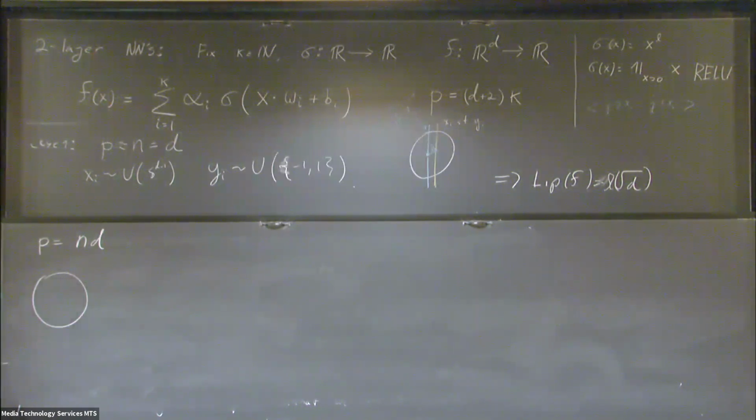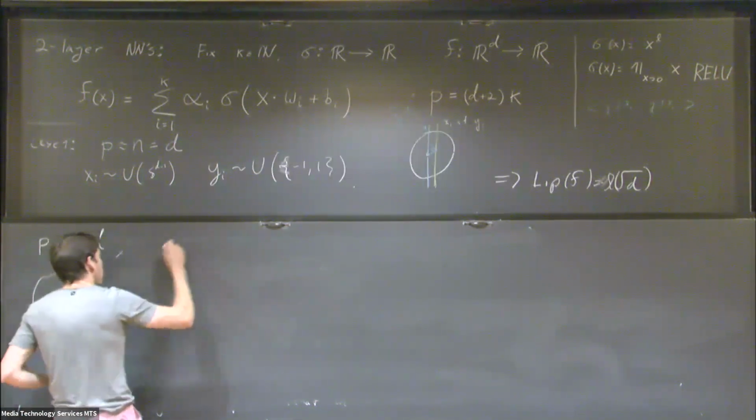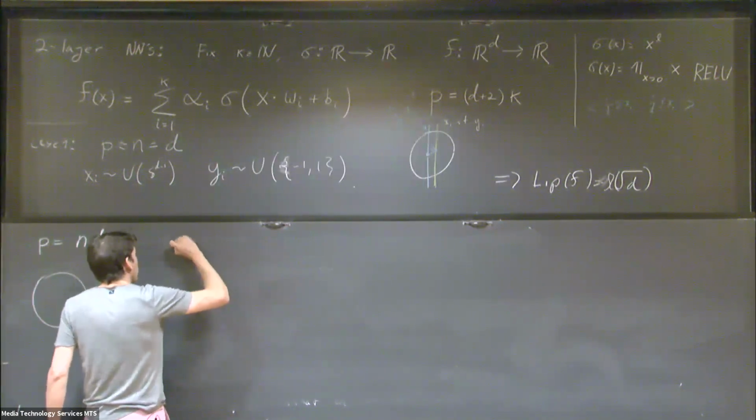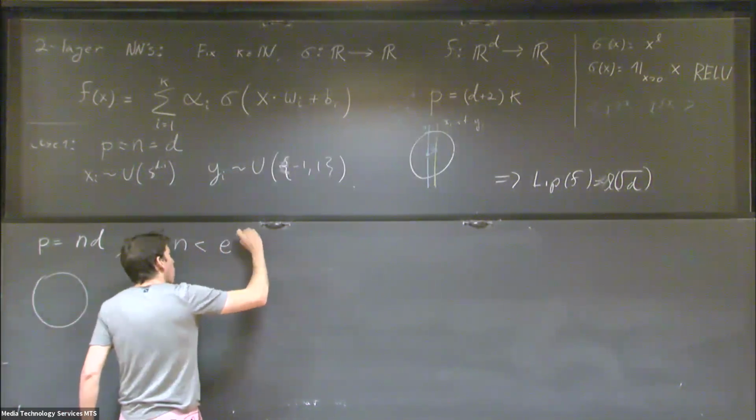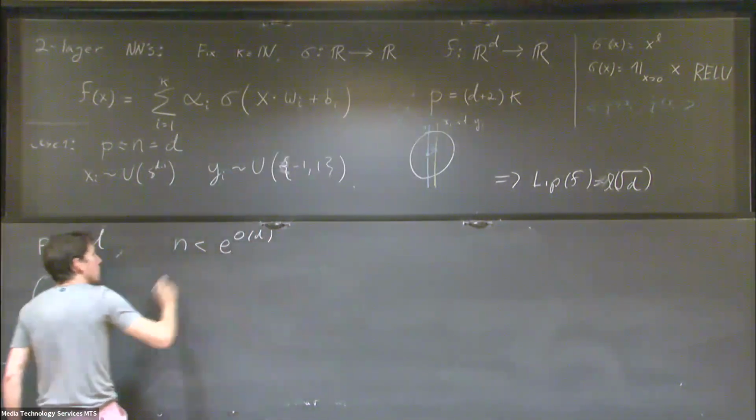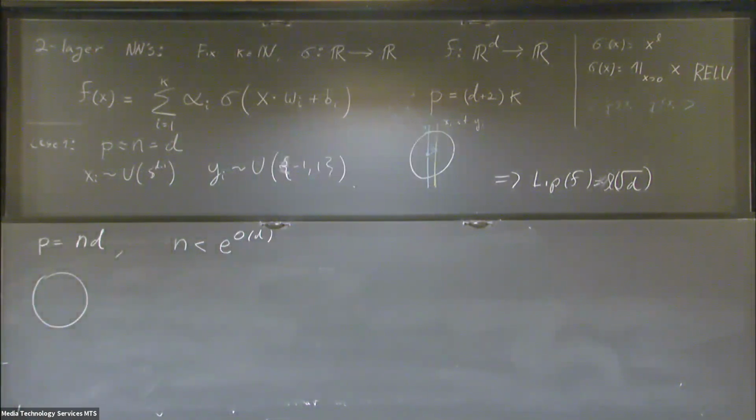Labels are plus minus 1. Now I can fit every point with one neuron. I'll also suppose that I don't have too many points, so suppose that n is at most something like e to the O of d. Then a nice thing in high dimensions is that for every point here, with high probability, all of the other points are outside a cap.